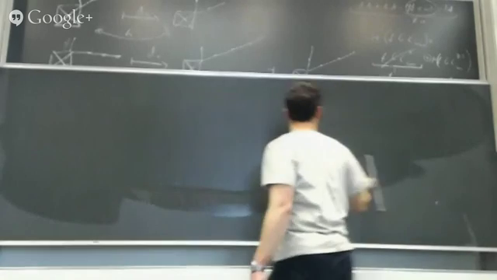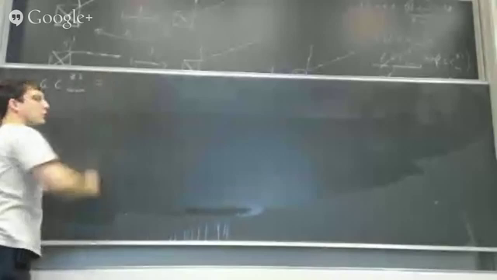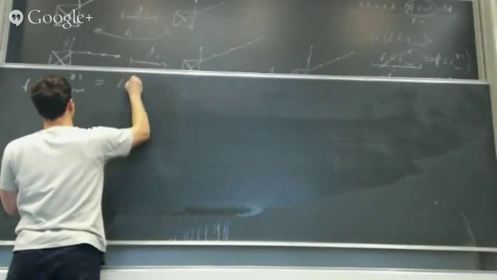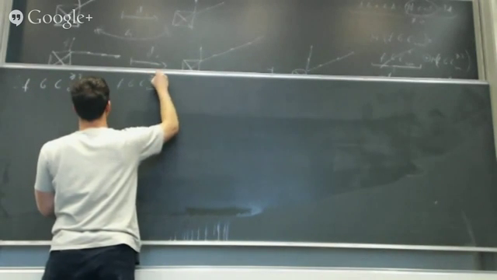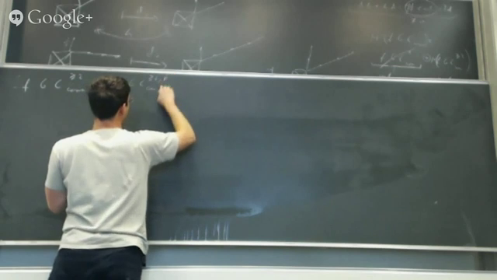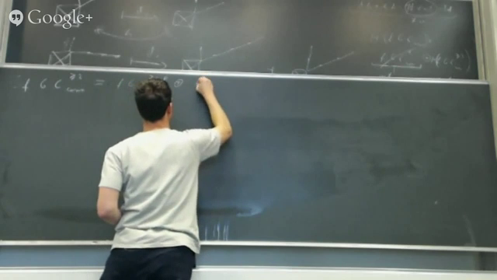Okay, now this full graph complex FGC^{≥2} equals FGC^{≥2,p} for proper, plus loops.